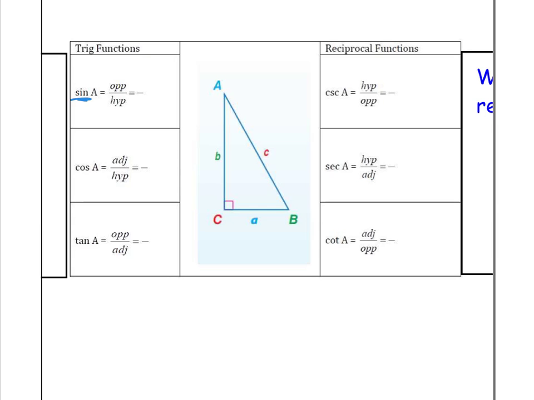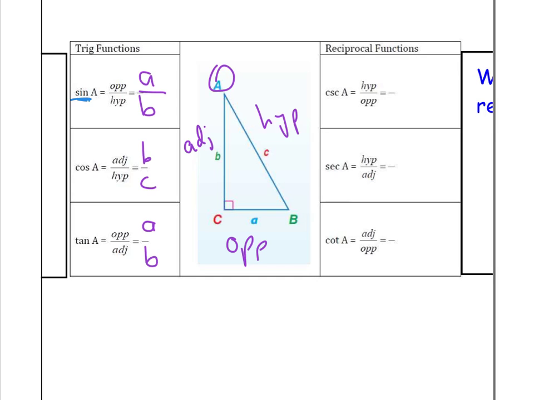For the sine of A, from angle A, this would be the opposite side, this the adjacent side, and this the hypotenuse. So sine is opposite over hypotenuse, A over C. Cosine is adjacent over hypotenuse, B over C. Tangent is opposite over adjacent, A over B. I'm looking at all this from the perspective of A.